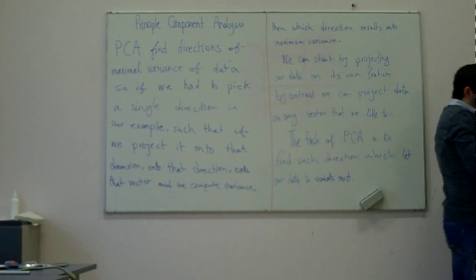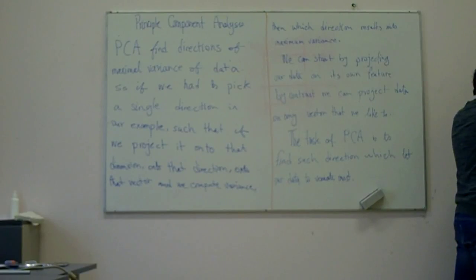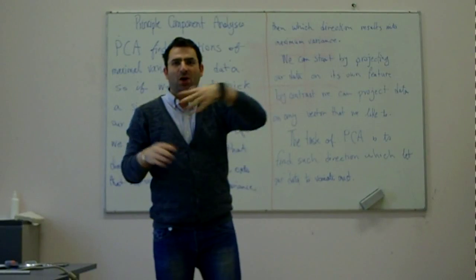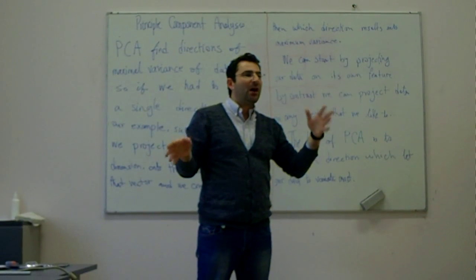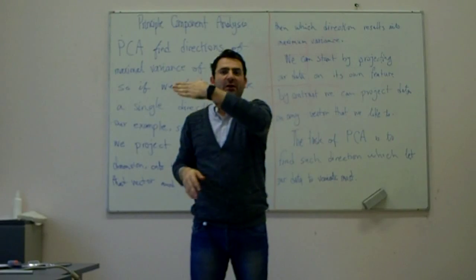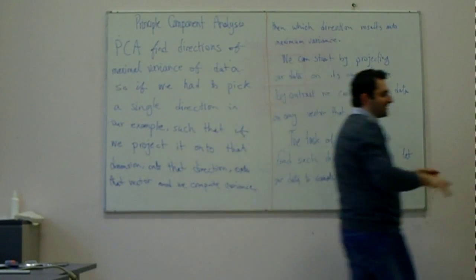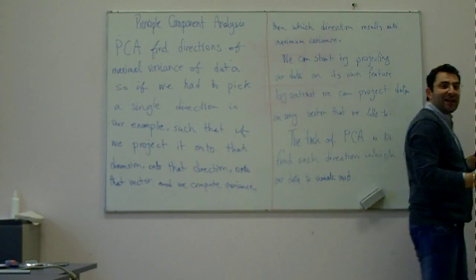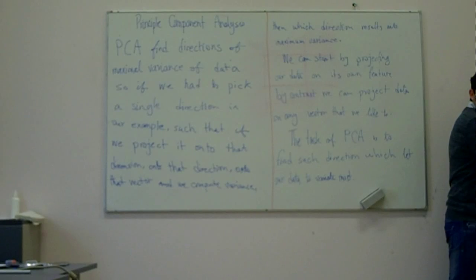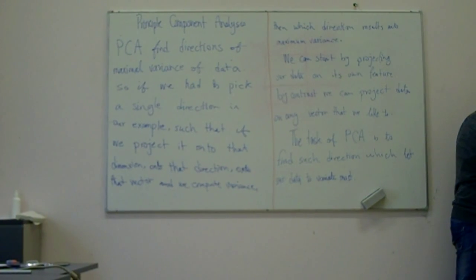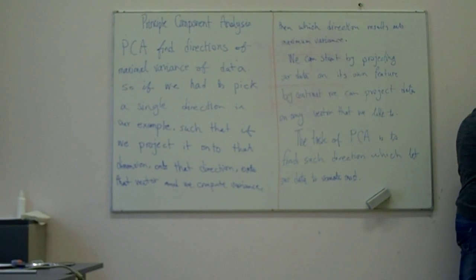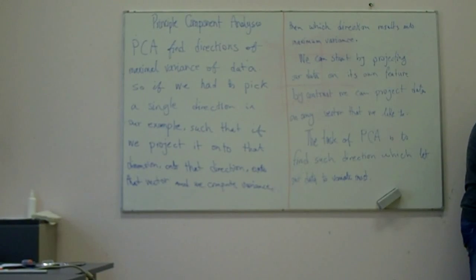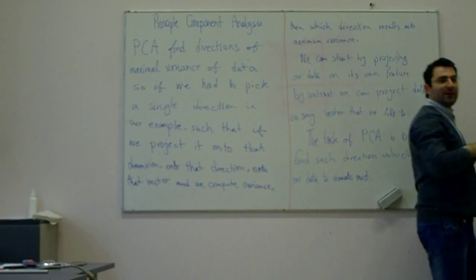If we have this very nice set of data, it is an oval shape. And we know that if we have an oval shape, the highest discrimination or highest variation happens if we are on the main axis. This is the main axis of this oval shape. So PCA will tell us, if I give this data, the first maximum variation is on this line, which results in a better discrimination.